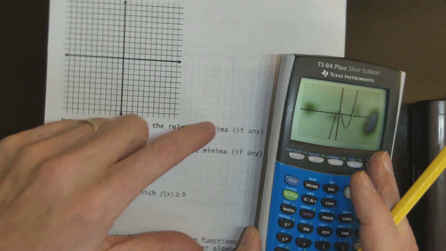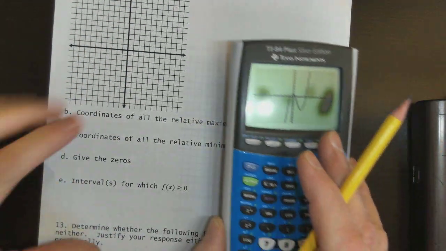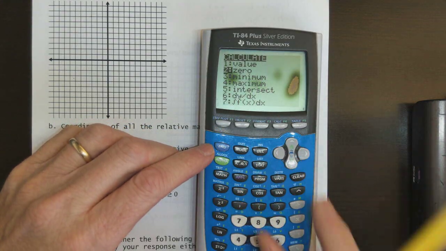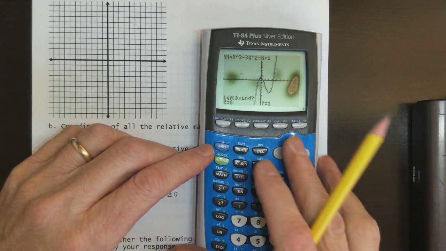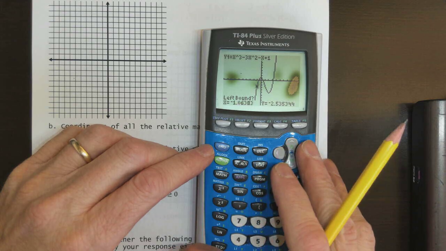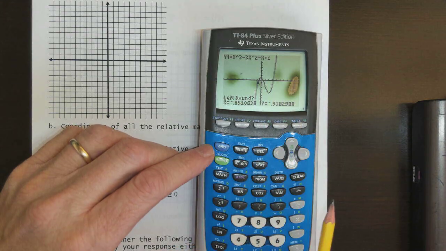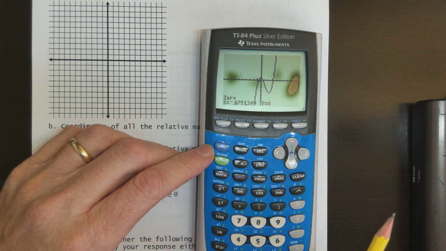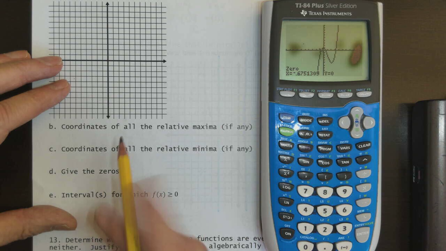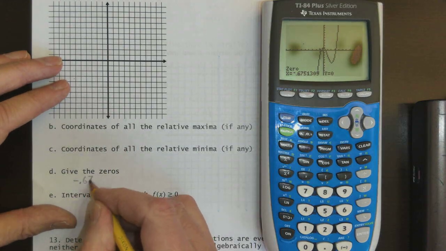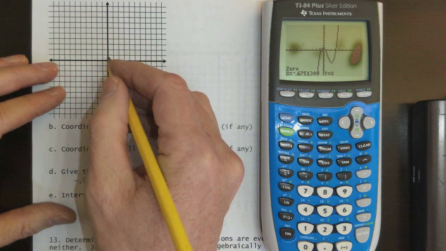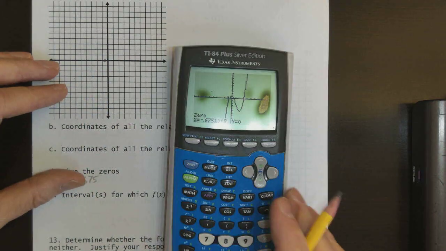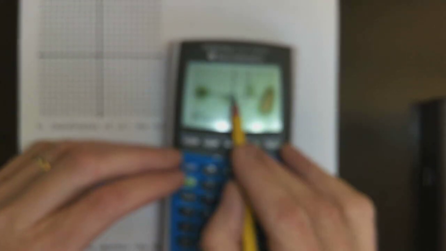Okay, we need the max, the mins, the zeros, and then we'll answer that. So let's get all that calc done. I got a 0 here, and I'm going to go for that first. Second calc, 0, enter, enter, guess, negative 0.675. That's right around there. Now I'm looking for this 0.